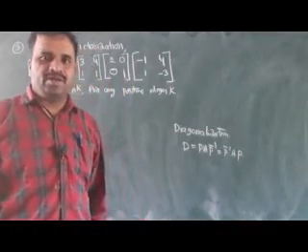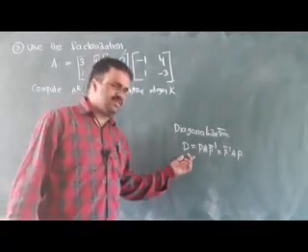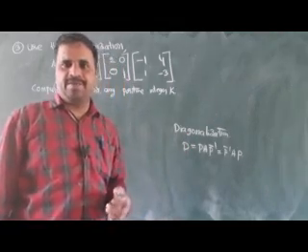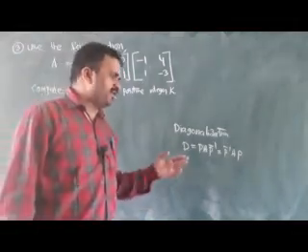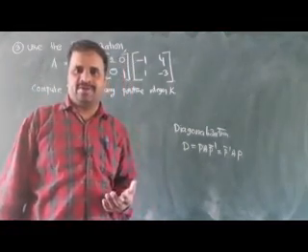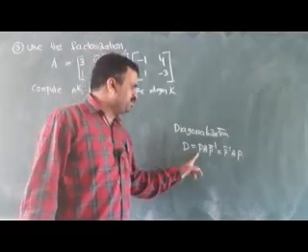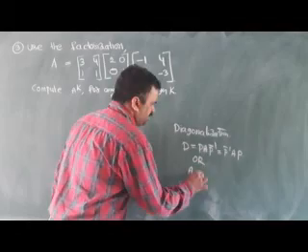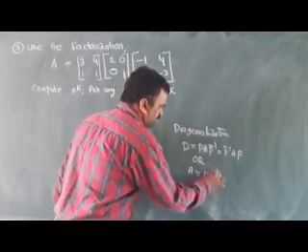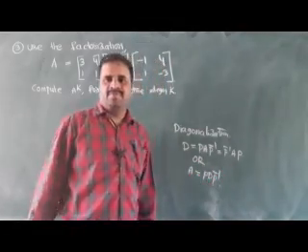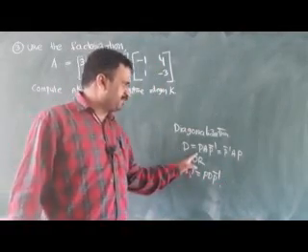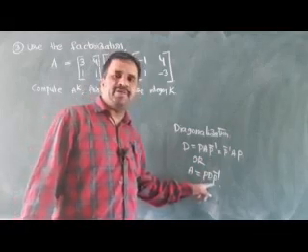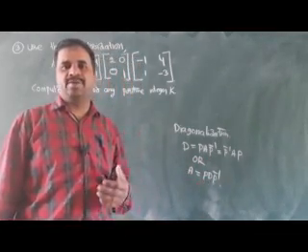Whenever this condition is there, we can find D power k, or you can find A power k also, whatever we require. Of course, D equal to P A P inverse or A equal to P D P inverse, both are the same.